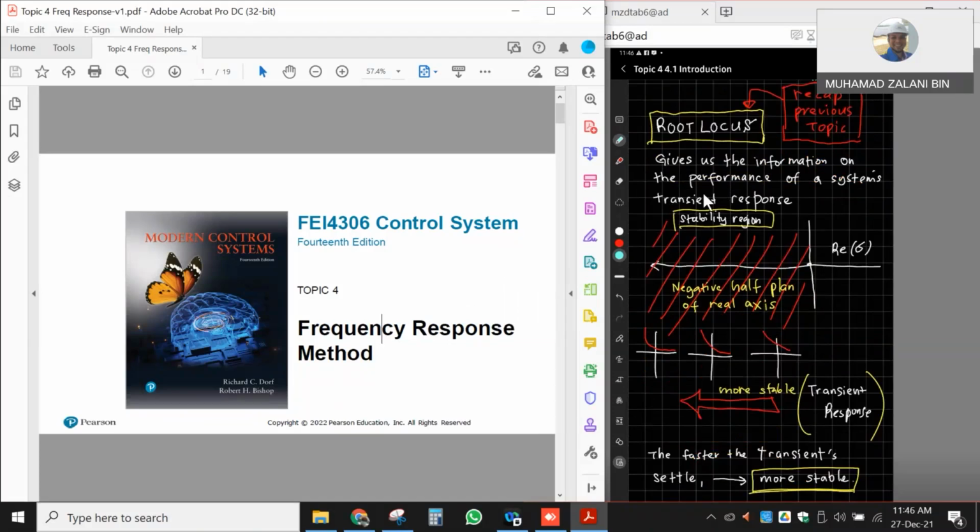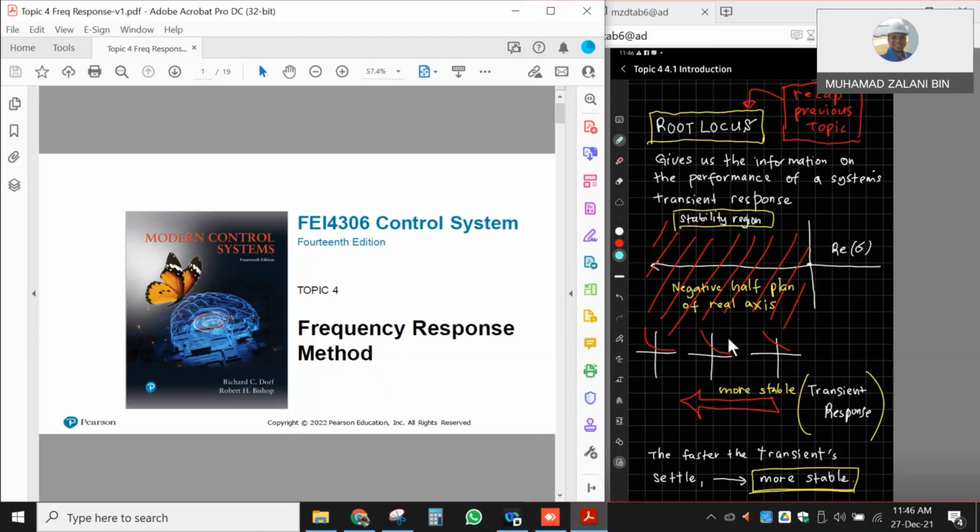For example, the root locus gives us the information of the performance of the system transient response. So far for root locus, we have been focusing on the system transient response, meaning that as the poles move to the left-hand side of this S-plane, the system becomes more stable.